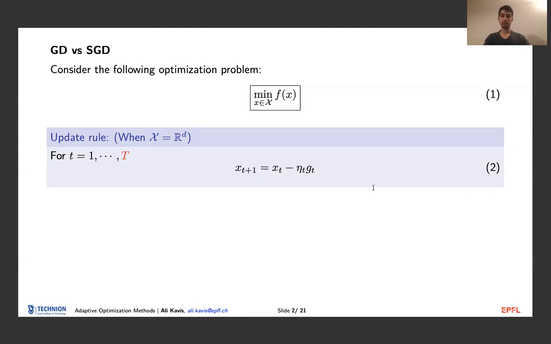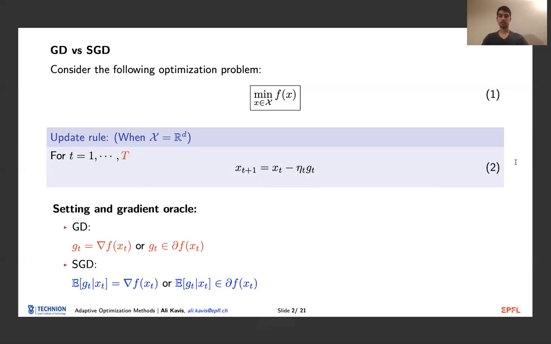In this template, gt is our gradient, which is our negative descent direction, and we have a step size eta t. It can be a constant, something time dependent, or dynamic. From xt, we take a step in the negative gradient direction and arrive at our next point.